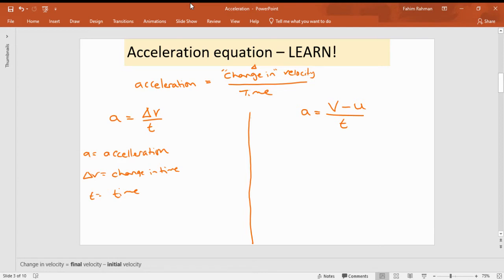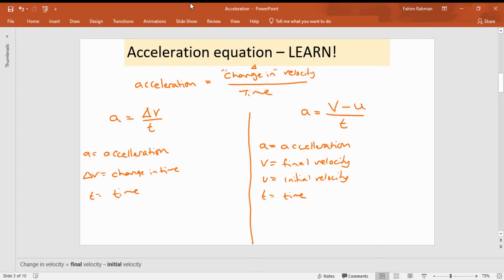Now it looks a little bit more complicated, but it means more or less the same thing, where a is the acceleration again, v is the final velocity, u is the initial velocity, and then t is the time.